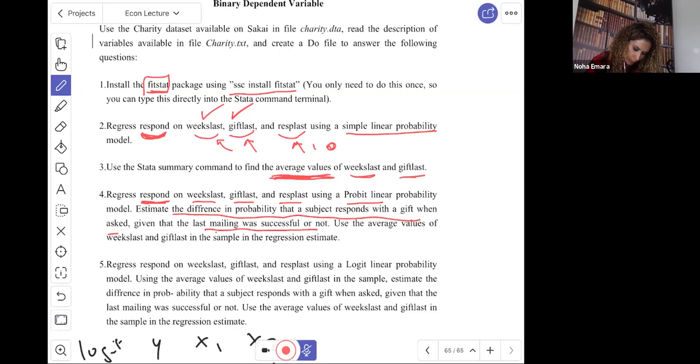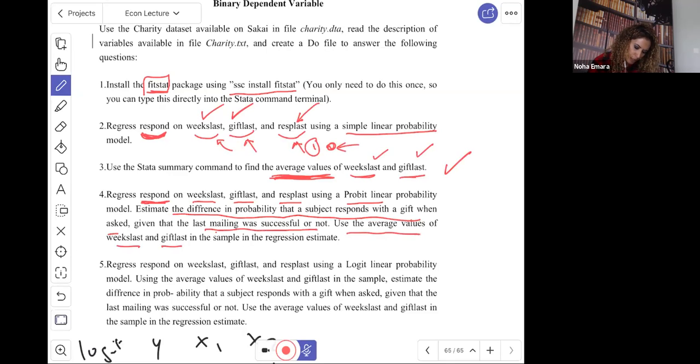Then we're going to use the average values of weeks last and gift last. I already told you that these are computed here. I'm going to take this variable and compute the probability for 2 cases: one when it's taking 1, and the other when it's taking 0.